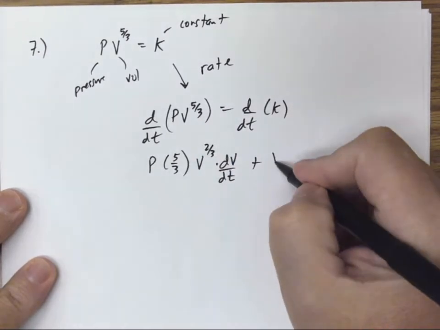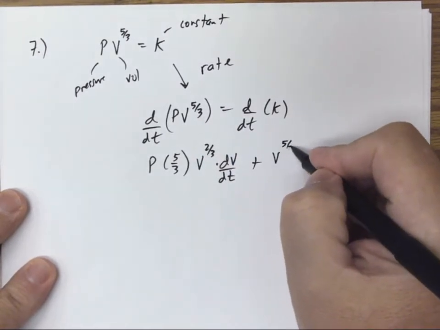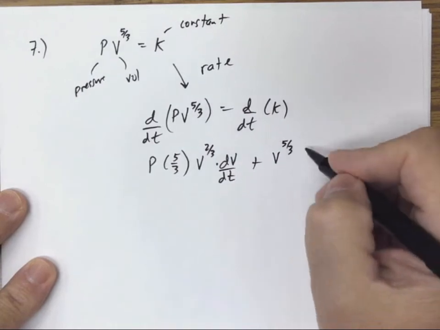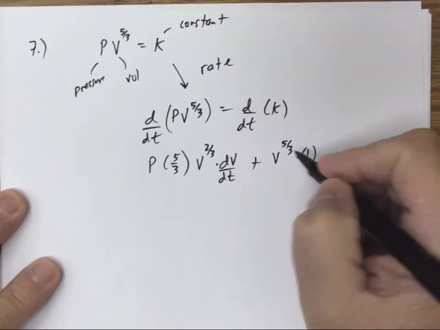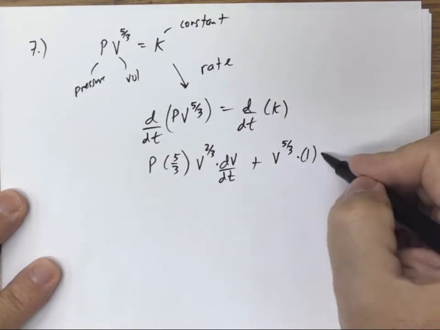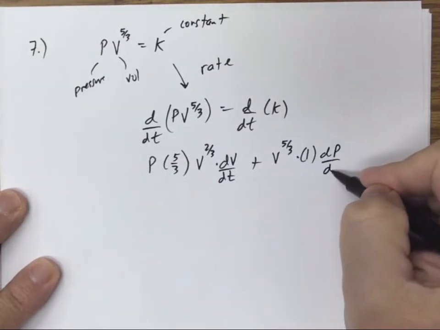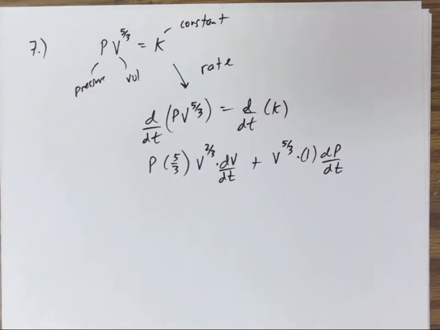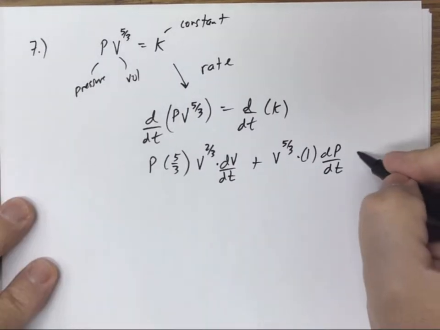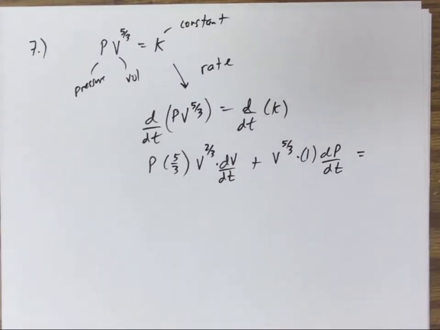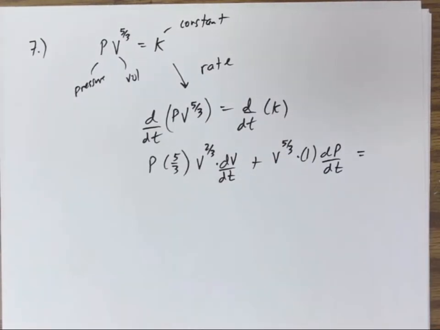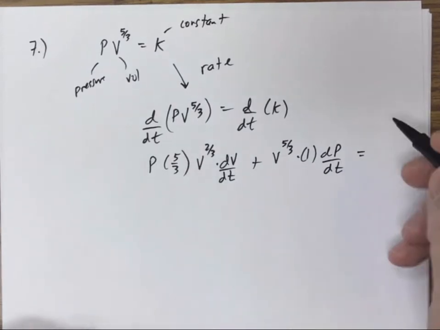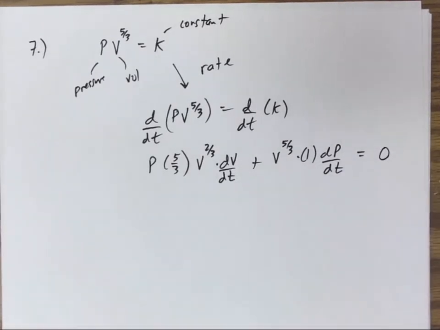Second half, I just write V to the 5/3 and then take the derivative of P. Derivative of P is just 1. However, since P is different than t, we now have dP dt. And now the right-hand side: when you take the derivative of a constant, like a number, it just goes to 0, right? So the right-hand side is 0.